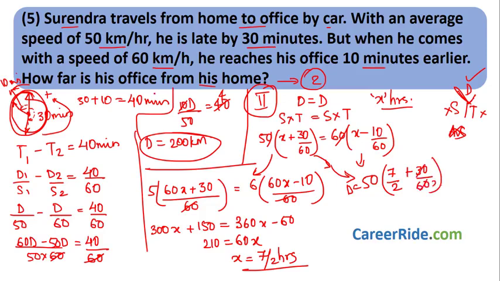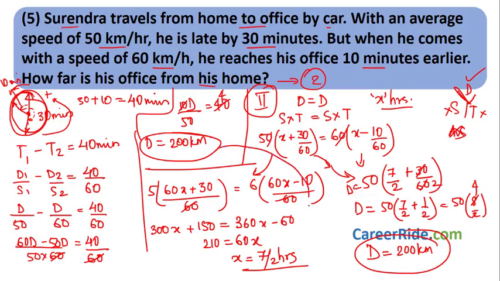So distance would be 50 into 7 by 2 plus 1 by 2, that is 50 into 8 by 2, which is 4. So D would be equal to again 200 kilometers. So you saw, you got the same answer over here and here. You can go by any method, but for this sum I would suggest going by the first method.